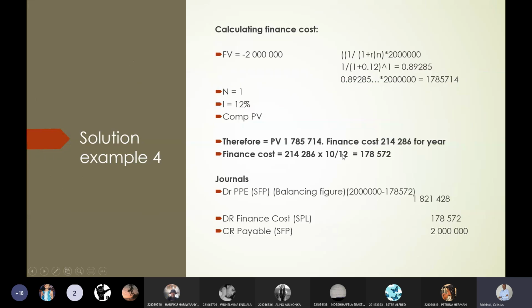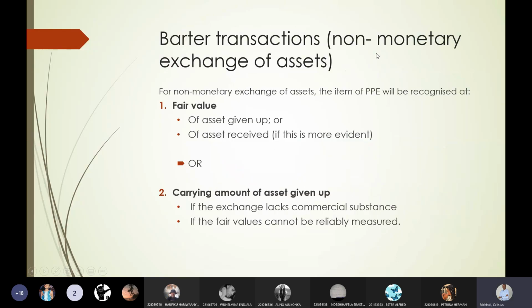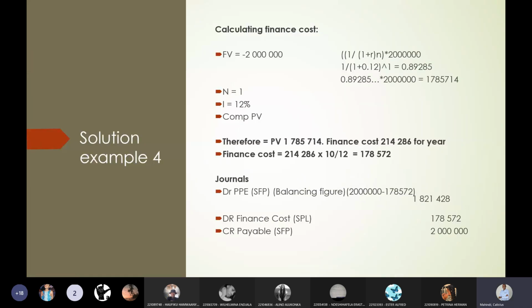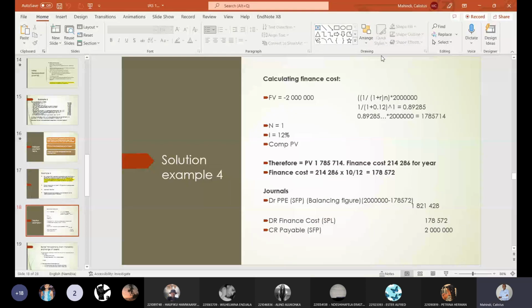Okay, so 12% expressed as a portion of 100 is 12 divided by 100. You're going to get 0.12. So that would be the rate. And n, so it's to the power of n. It's not multiplied by n. It's to the power of n. Maybe I can show it like this.